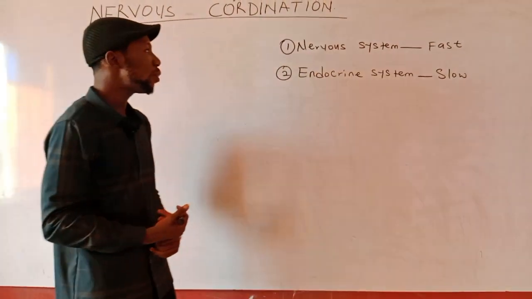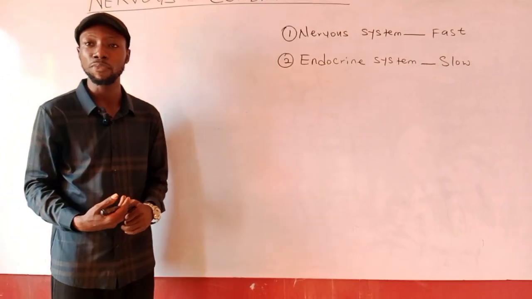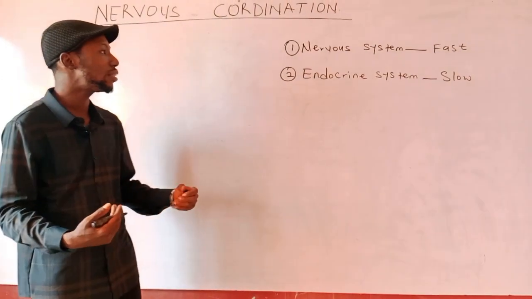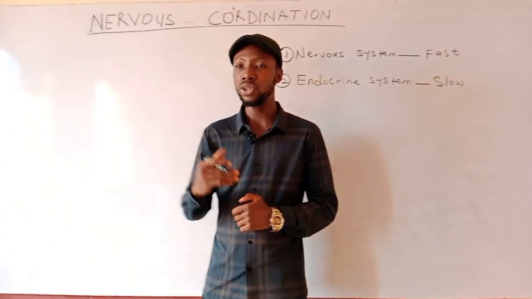Okay? Now today we're going to look at the nervous system in full. I will first start with the neuron. You need to know the diagram of the neuron, how a neuron looks.